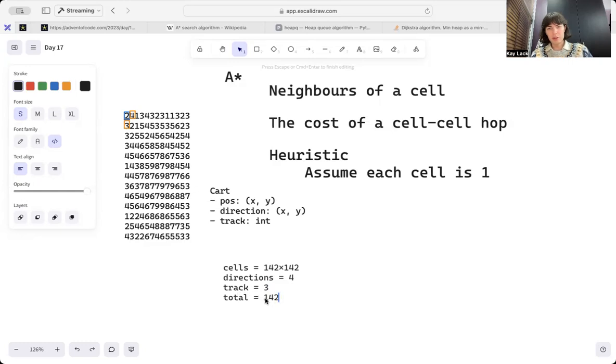214,968. Quite a lot of cells. Not incomputable, but if we're doing another algorithm on it, we will only have to calculate the true cost of each cell once.